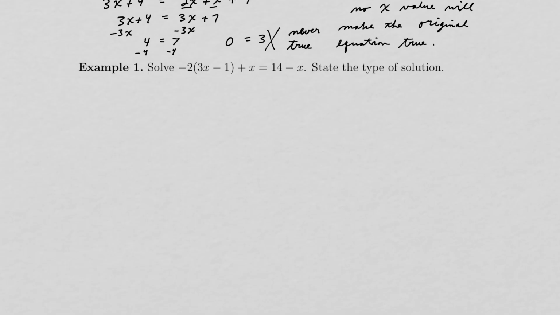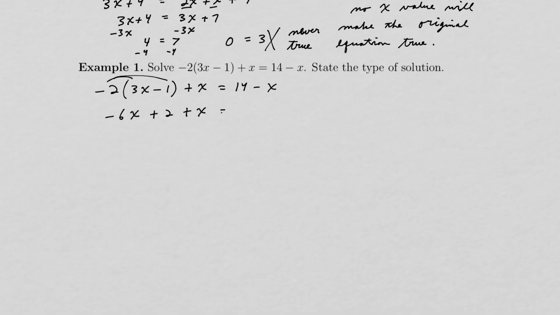So the first thing I want to do is distribute in the -2. I want to multiply or distribute in the -2 on the left-hand side. So if I do that, I have -2 times 3x, which is -6x. -2 times -1, which is +2.